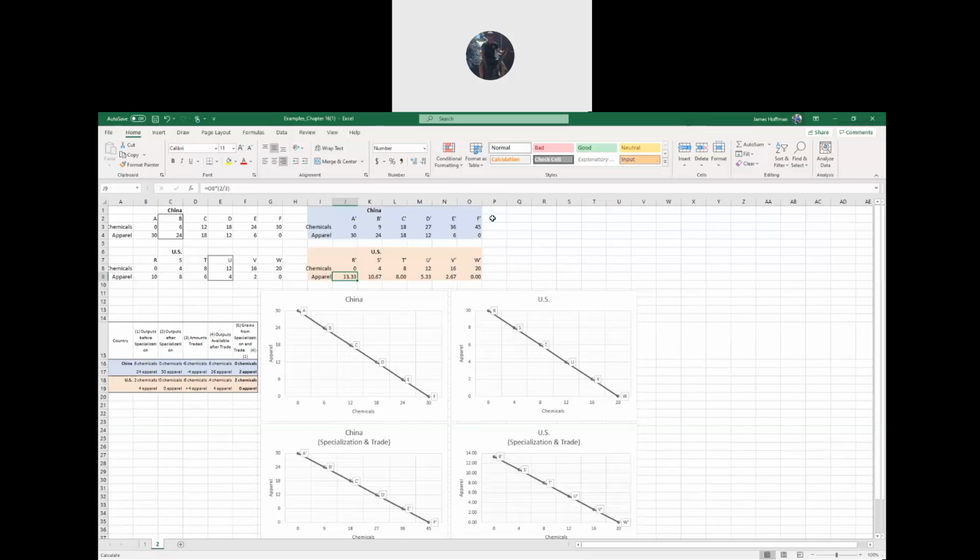Okay, so see this, the trade is specified in 1 to 1.5. So this can be traded at 30 to 45, and this can be traded the other way at 20 to 13.33. Right.